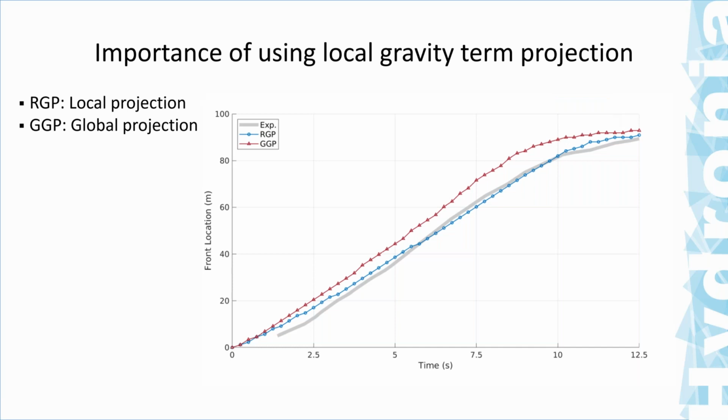Do you remember I mentioned before the term that assumes the local horizontality of the flow that is common in most shallow water models? If we use that common approximation, we don't get very good results. By using this new approximation that actually accounts for the local slope at each cell, it's a much closer representation, particularly of the front location at given times.